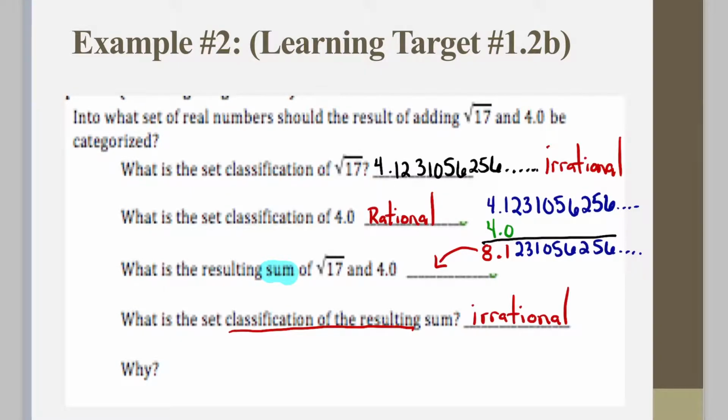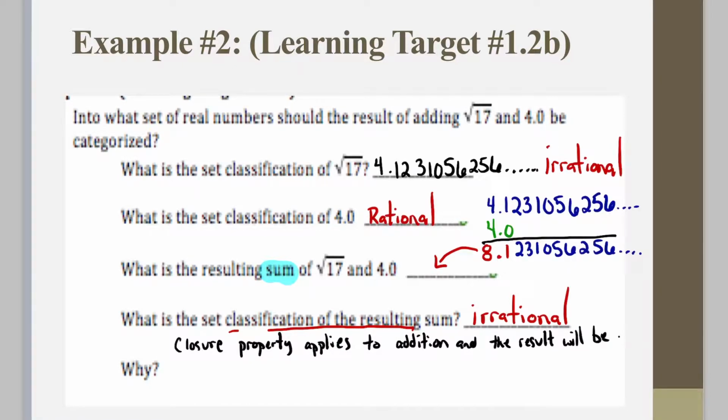The first is we can say that the closure property applies to addition and the result will be a real number.